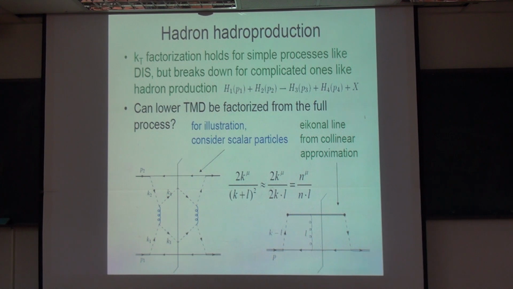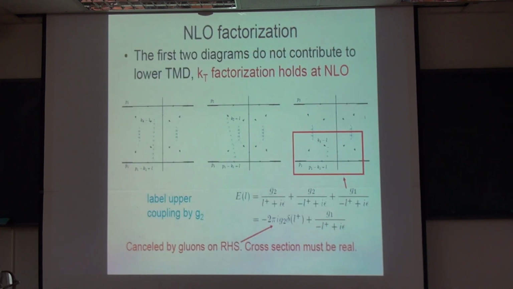Certainly, because I mentioned the KT factorization is violated, it means that this cannot be done. Collins just showed why, because they checked at one loop, and they found that this diagram is very trivial to see as contributing to the TMD, because you just eikonalize this parton line to get a Wilson line, then you already have the definition of TMD.